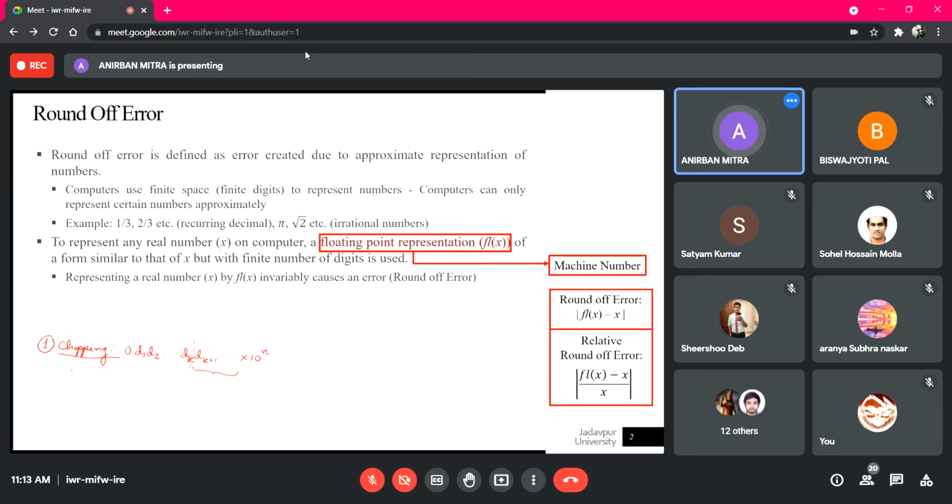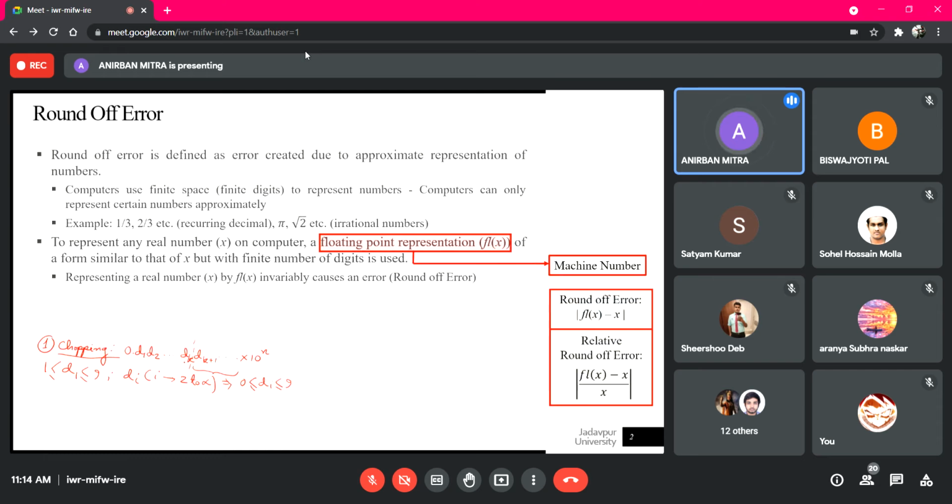By the way, here d1 is given by this, whereas di, i varying from 2 to infinity, is given by this.